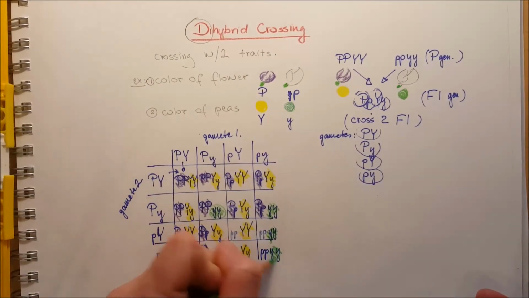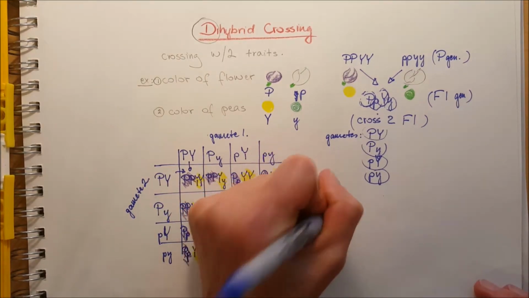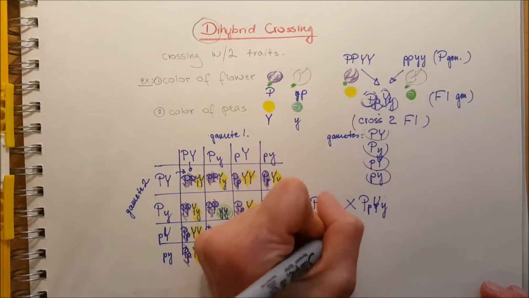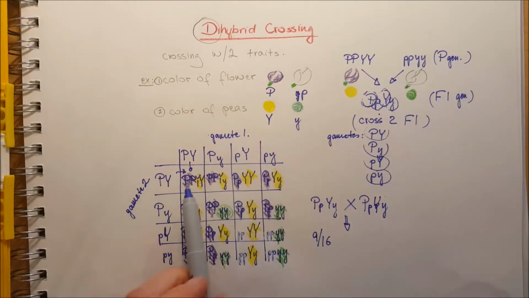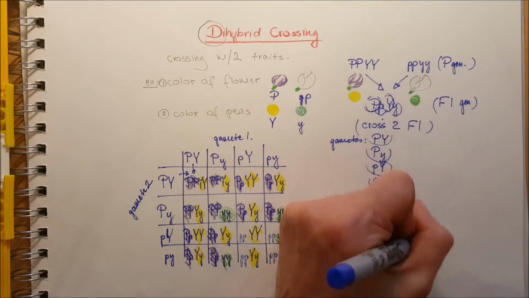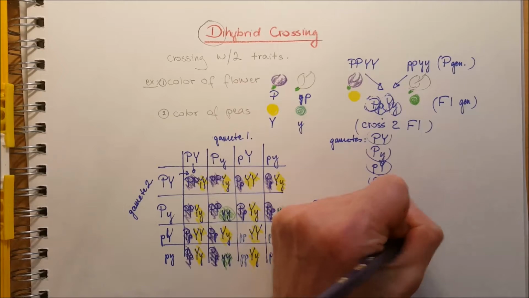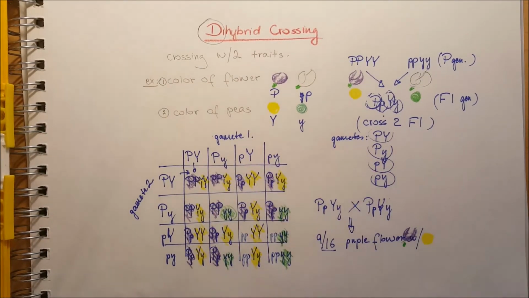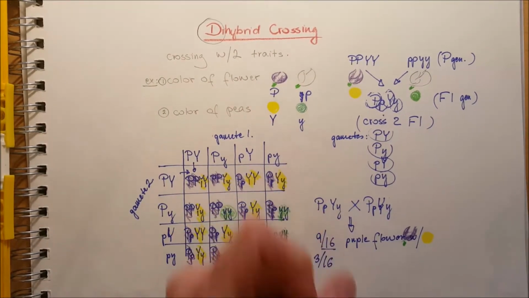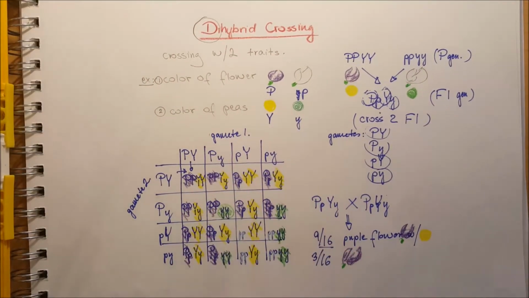When we crossed the F1 generation, heterozygous for both traits, pea plants, we figured out that out of the 16 different scenarios, 9 will be purple flowers with yellow seeds. They are those ones.